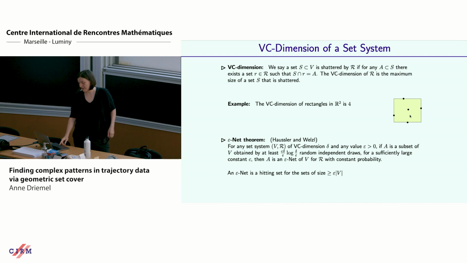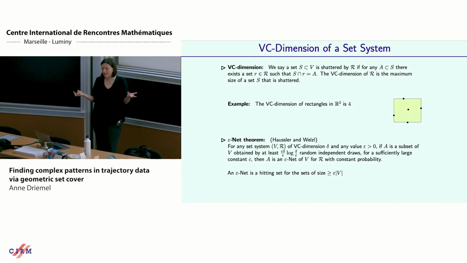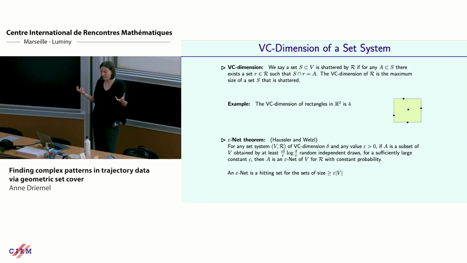And there's this important theorem by Haussler and Welzl that's called the epsilon net theorem, which says that if a set system has small VC dimension, then just by taking a random sample, uniformly drawn from the ground set, you get with good probability an epsilon net. An epsilon net is actually almost a hitting set.